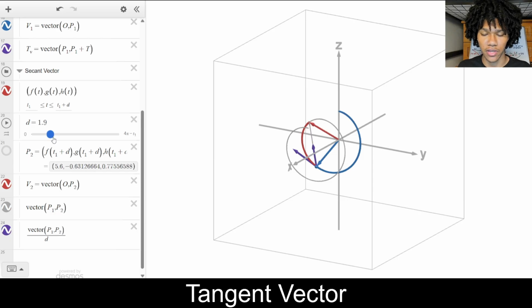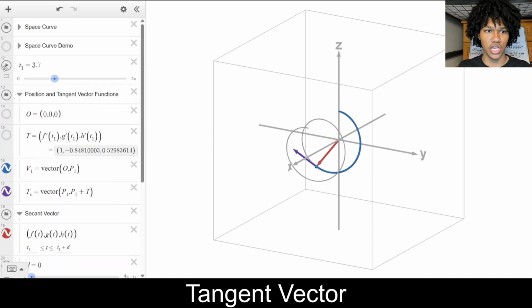We'll talk about that next video. That purple vector is in the direction of the secant line between our 2 points. And again, as that distance becomes 0, our secant line eventually becomes the tangent vector. I'm just going to change t, and yeah. Our tangent vector is tangent to the curve and points in the exact direction of motion we're going.